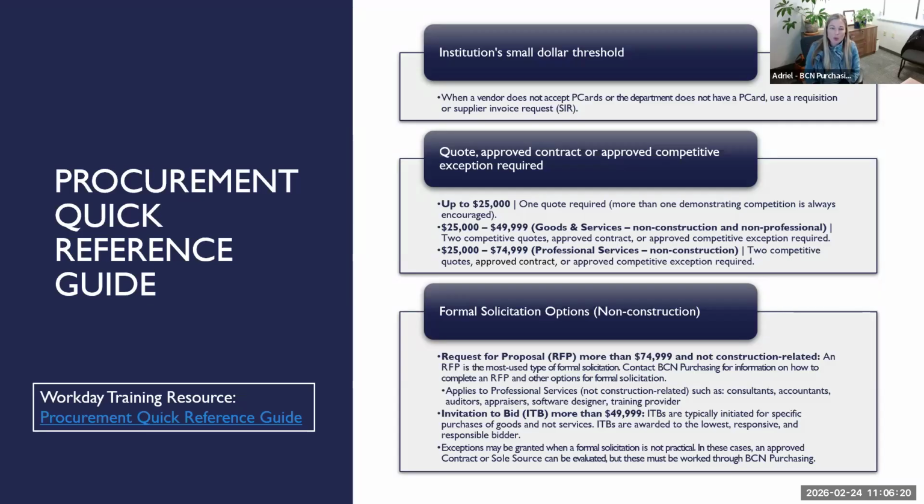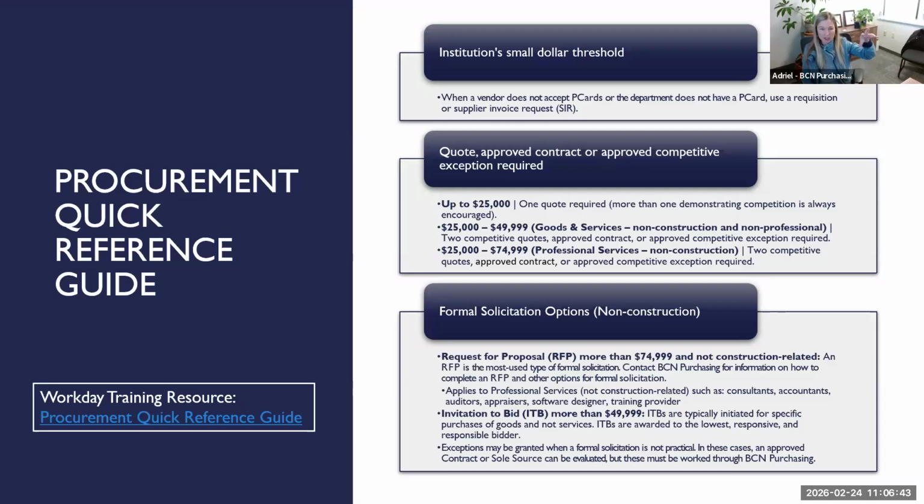A request for a proposal is when something aside from price needs to be considered. It could be the quality, it could be the delivery method or timeline. When other factors come in aside from price, then we use a request for proposal, and the way it's awarded is with an evaluation committee that reviews the evaluation criteria that are set out in advance.